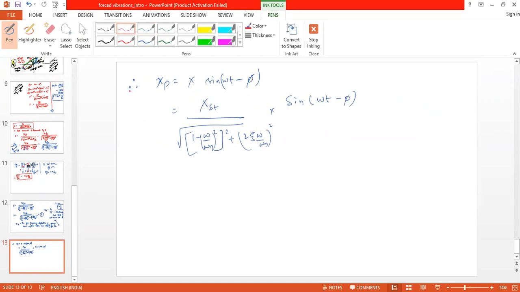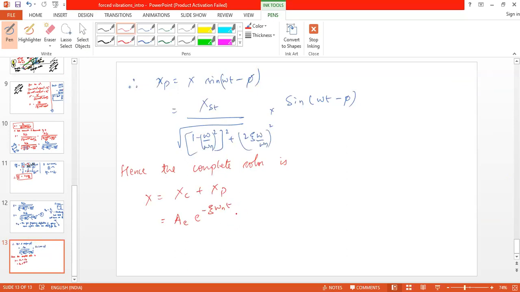So what is the total solution? The complete solution is x equal to x complementary plus x particular. What is the complementary solution?